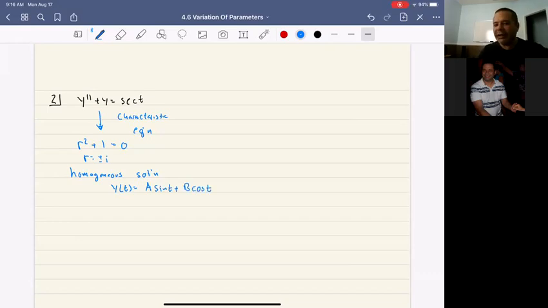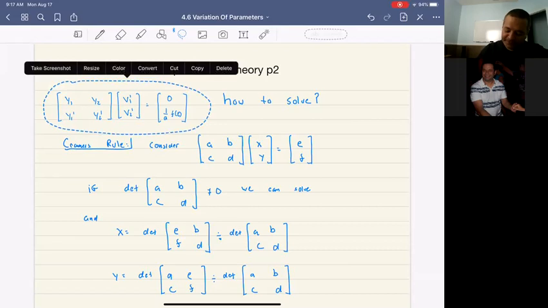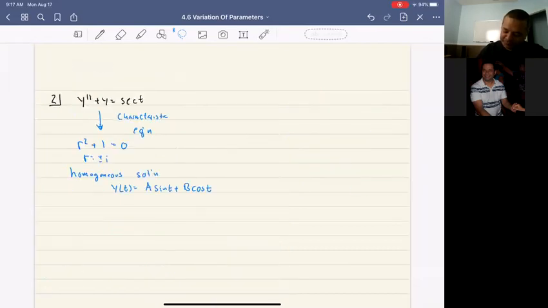Now I don't have to go through all that rigmarole that we did to derive the variation of parameters. I can just go straight to the system that I have here. So I'm going to copy and paste. Have it right here.